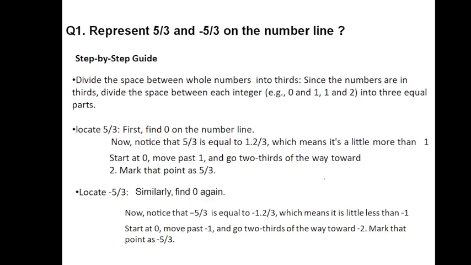This is a number line. Left side of 0 is the negative region, and the right side of 0 is the positive region. Notice that minus 5 by 3 is equal to minus 1 and 2 by 3, which means it is a little less than minus 1. Start at 0, move past minus 1, and go 2/3 of the way towards minus 2.